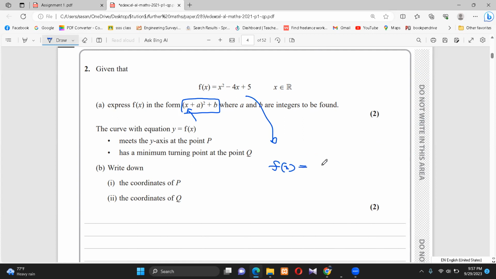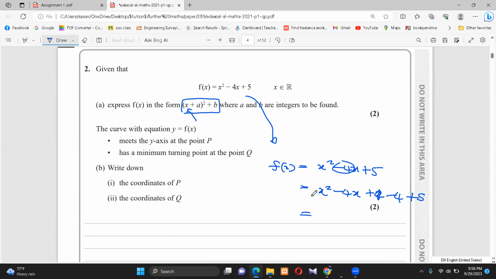f of x equals x squared minus 4x plus 5. When we divide the coefficient of x by 2, it is minus 2. Then I take the square of that, and it becomes plus 4. But that's wrong because there is no plus 4 in the original, so I put minus 4 to cancel out that effect, right?